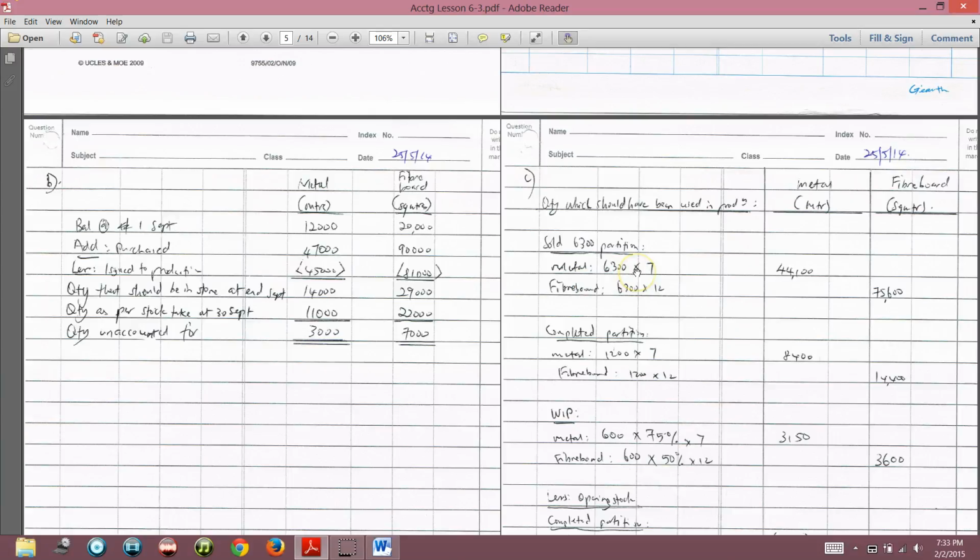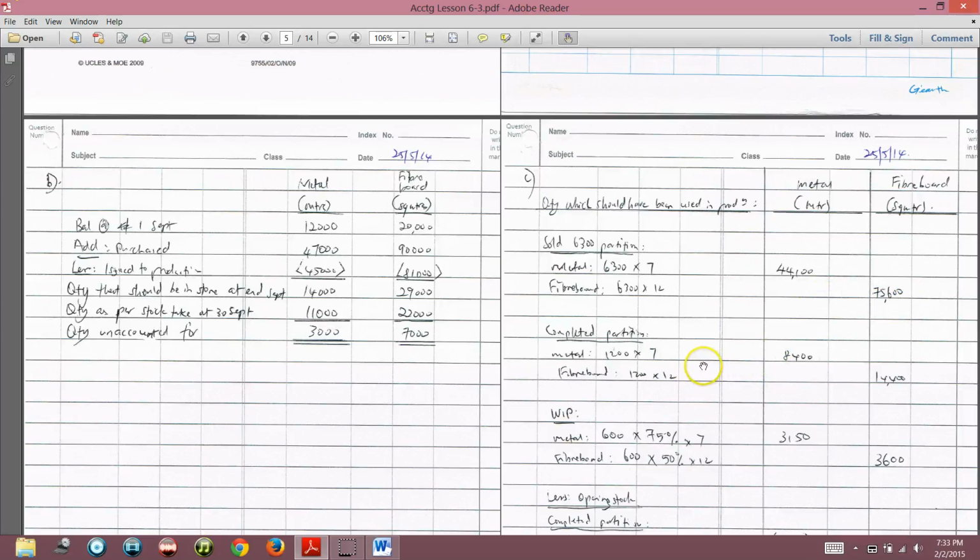In note 3, the work manager estimates 7 meter of metal and 12 square meter of fiber board are used in making one partition. So those sold would have consumed so much metal and so much fiber board.